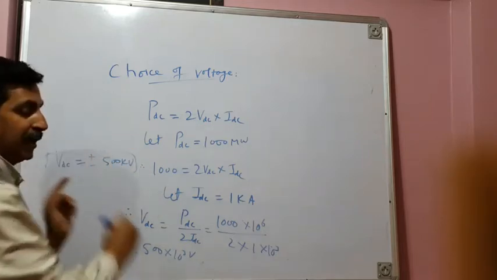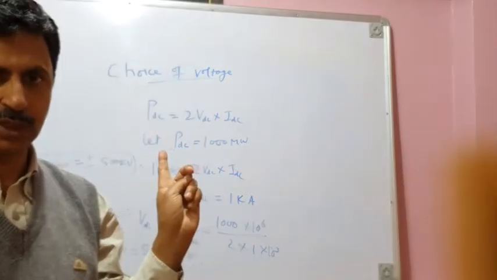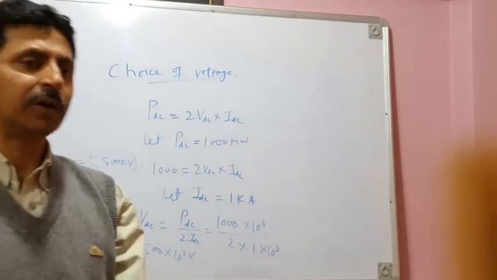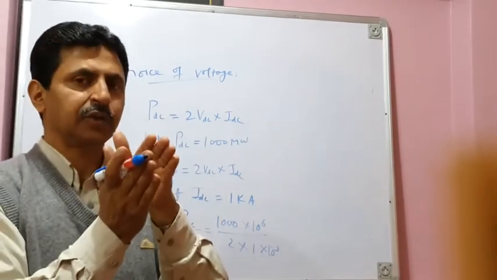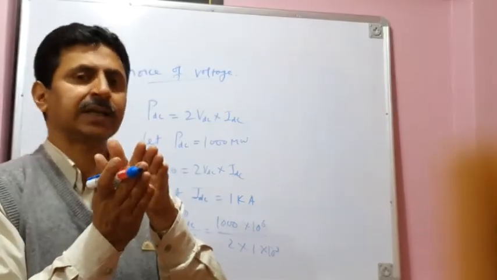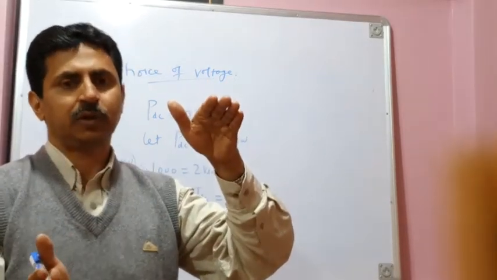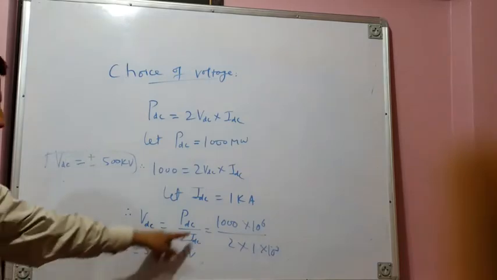This is how you arrive at this standard transmission line voltage, link voltage, plus minus 500 kV. If power to be transmitted over the line is 1000 megawatt, and if the conductor you have chosen has a current carrying capacity of 1 kiloampere, the voltage at which you have to operate your bipolar transmission link is plus minus 500 kV.